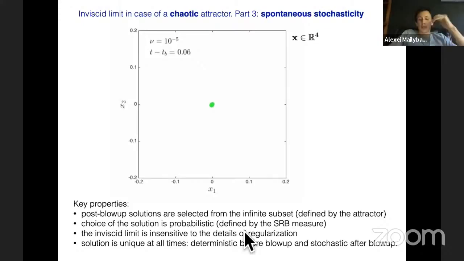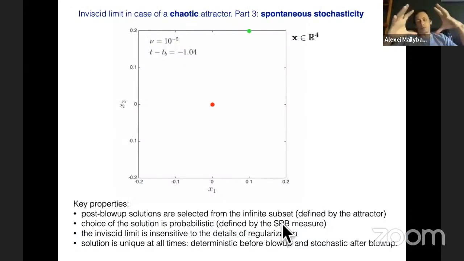At the same time, you must take into account noise in this regularization. But what is the noise? The specific form of the noise doesn't matter. It will choose exactly the same probability distribution. If you want the concept of uniqueness for your solution, it's only unique in terms of a measure.